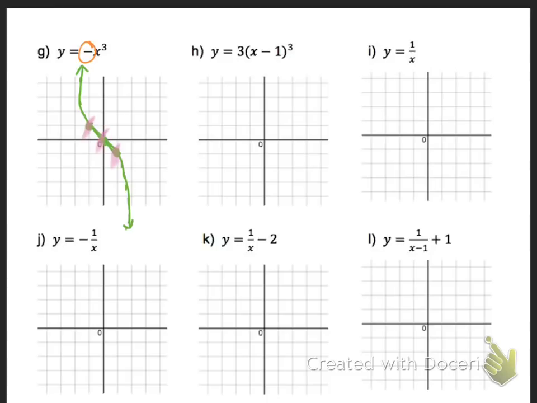With H, I have 2 transformations. I'm going right 1, and I have a slope of 3. So I start at 0, 0, and I'm going to go right 1. So here's my new dot.